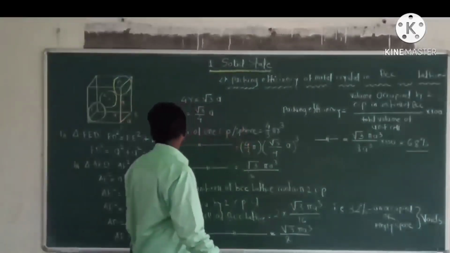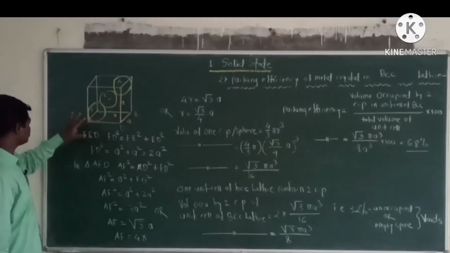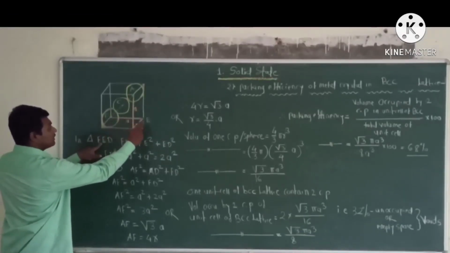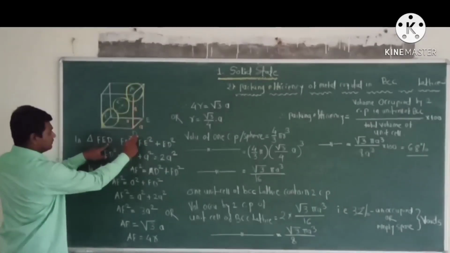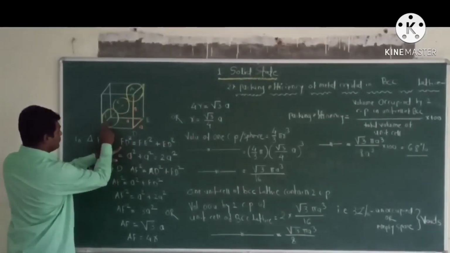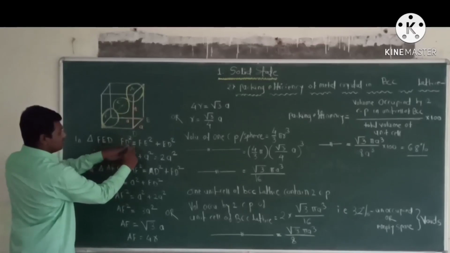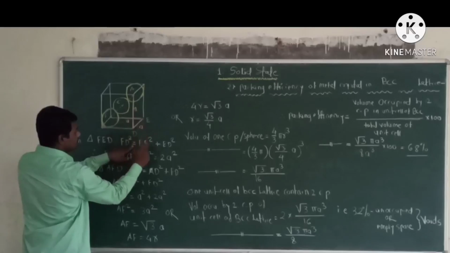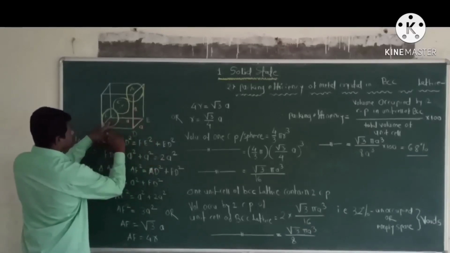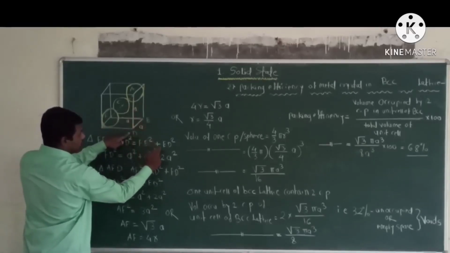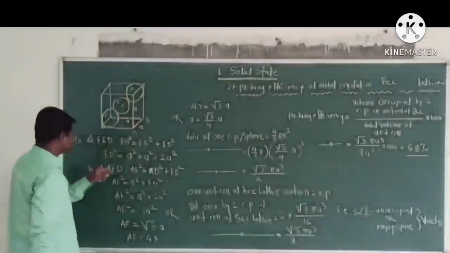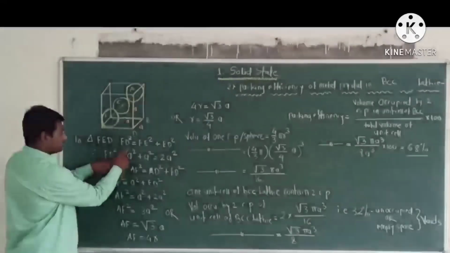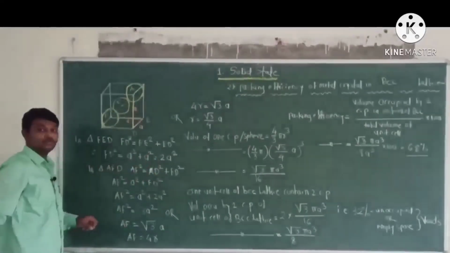Okay. Now, in this diagram, in triangle FED, FD square is equal to FE square plus ED square.